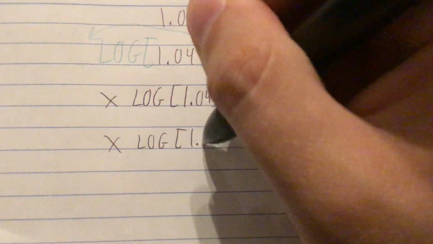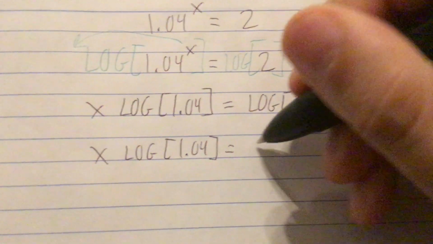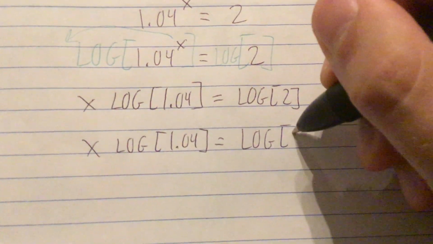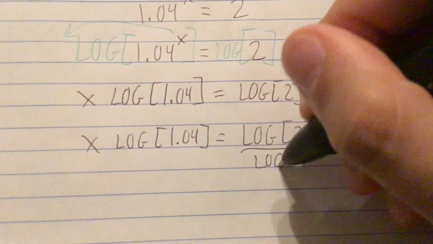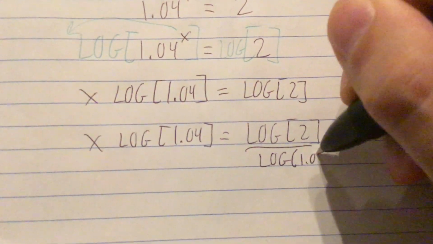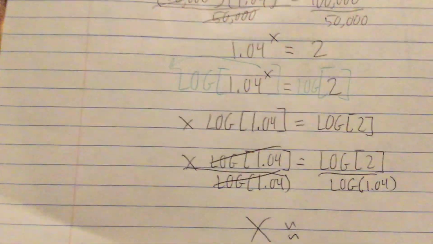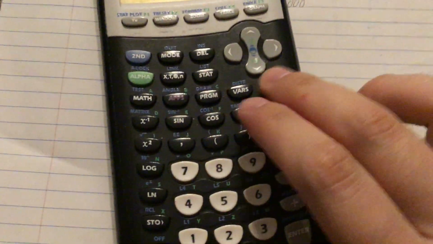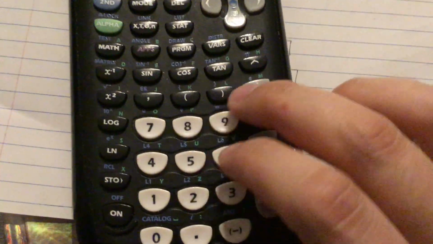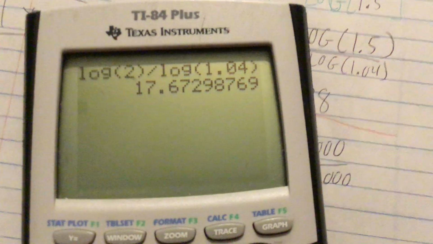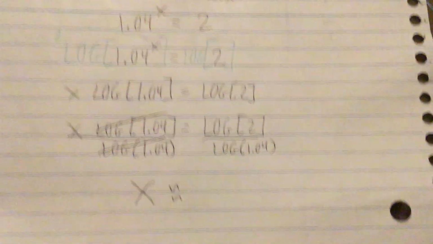So now, I'm going to divide both sides of the equation by log of 1.04. And let's see what happens. So now I'm going to get x is approximately, I'm just going to round to the nearest 3 decimal places, but then I'm going to use my common sense in the end. So log of 2 divided by the log of 1.04. It would take me 17.672, blah, blah, blah, blah.